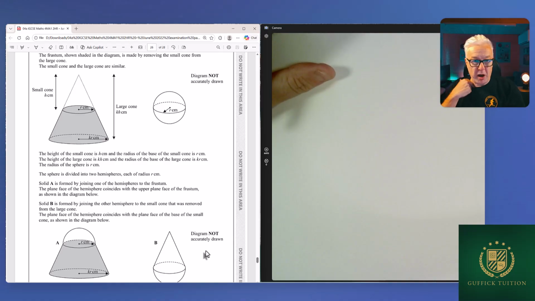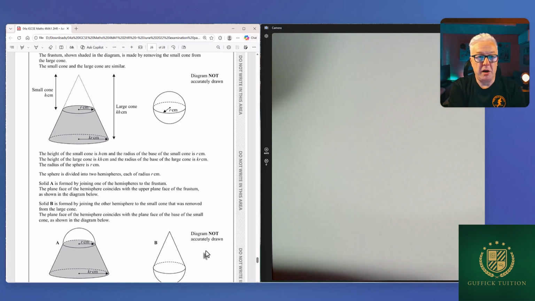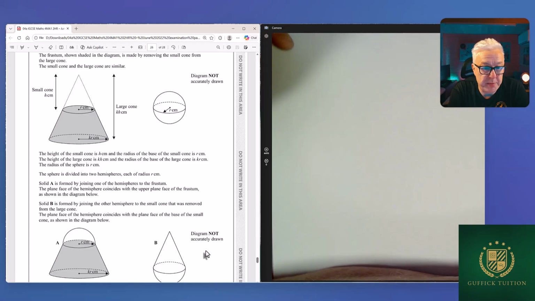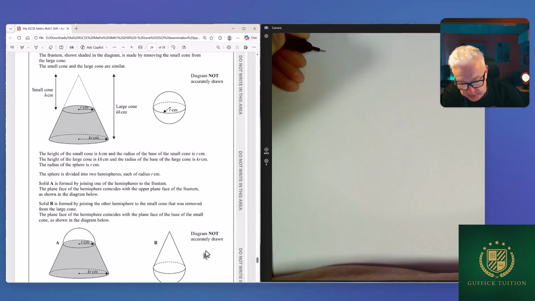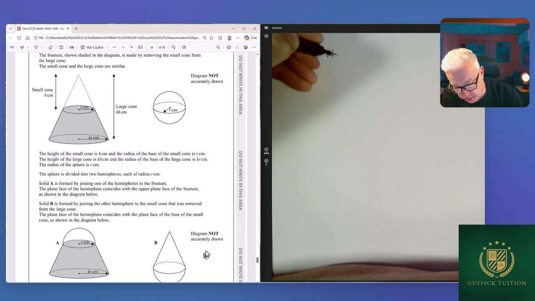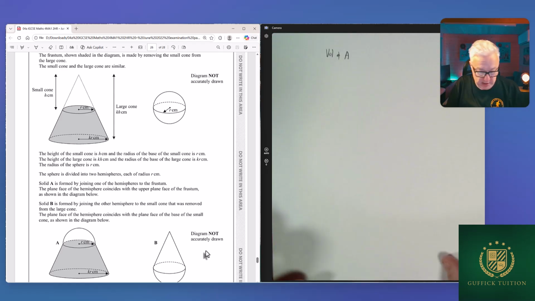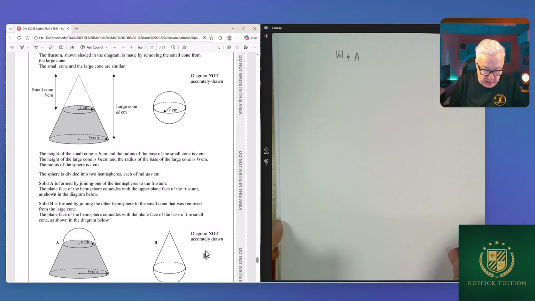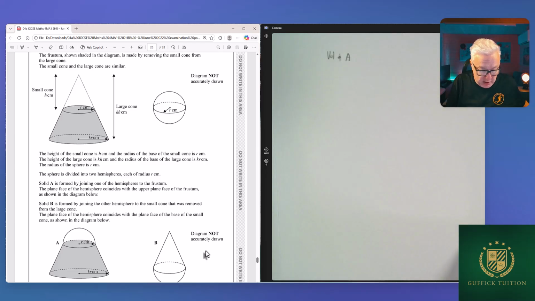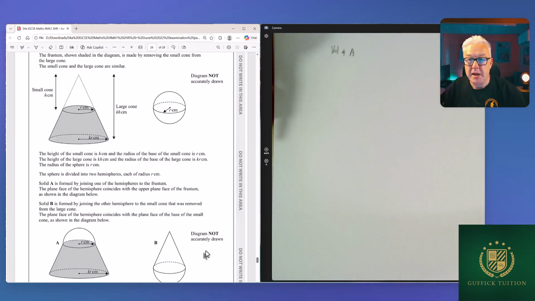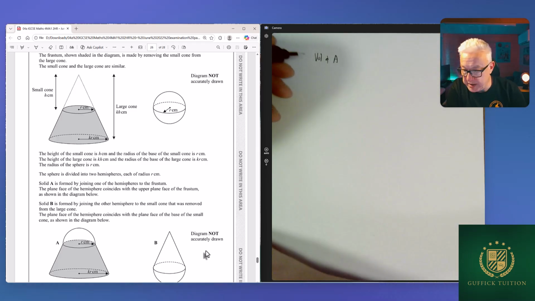So first of all, I'm going to write down an expression for the relative volumes of both of the shapes. So let's write down an expression for the volume of A. Now, the volume of A, what is it going to be?